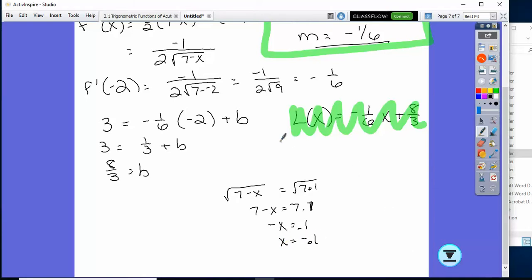So that's what we are plugging in. So if I put that in, we get 2.6833.